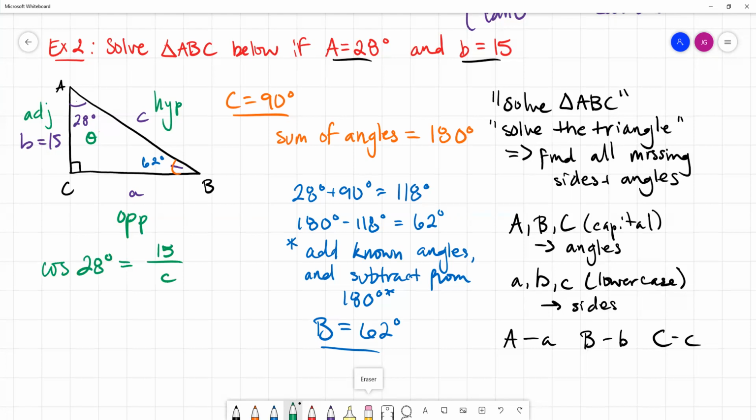I want to solve for C, so I need to multiply both sides by C so I can get it in the numerator. So I get C times cosine of 28 degrees is equal to 15. And the last thing I've got to do is divide both sides by cosine of 28 degrees.